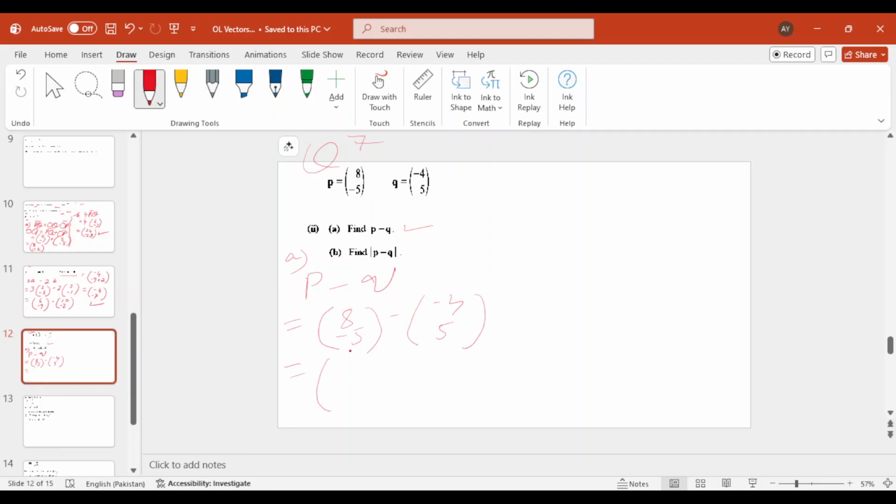This is equal to 8 minus minus 4, which becomes 8 plus 4, and minus 5 minus 5.